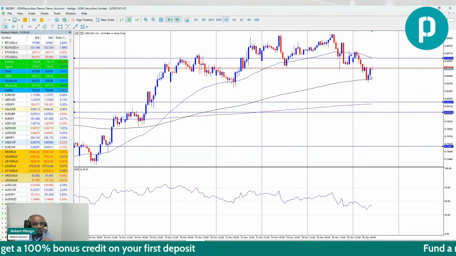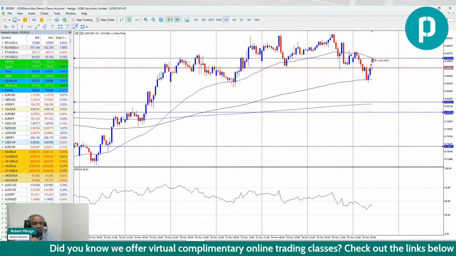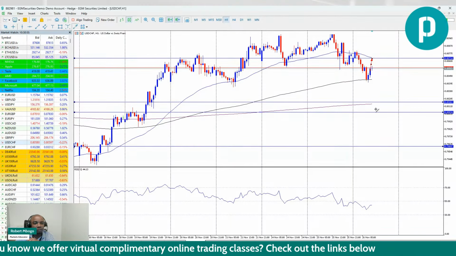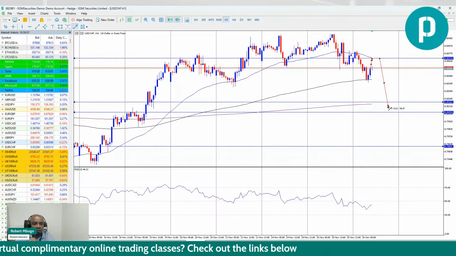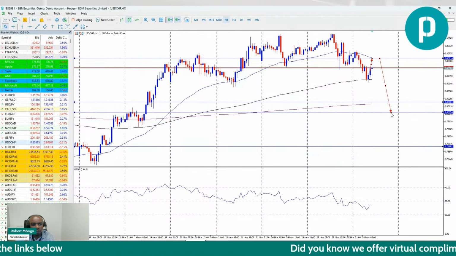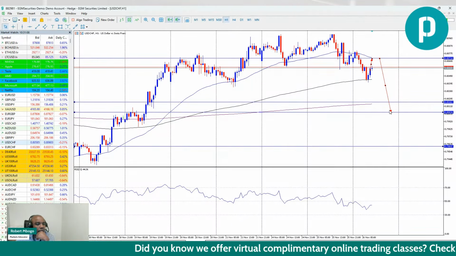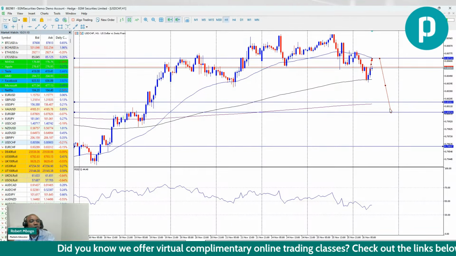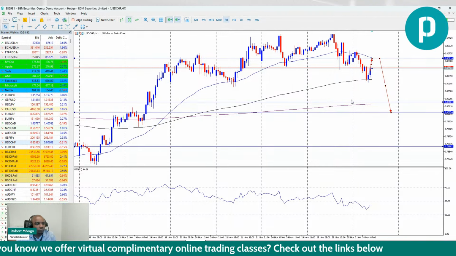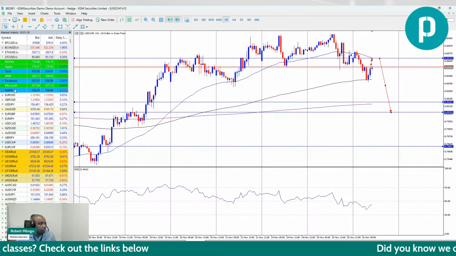So if price was to come back and test this high, then it will give me an opportunity to now look at those possible sell opportunities. So this could be take profit 1, this could be take profit 2, it all depends. Okay. That's USD/CHF. What have we not covered? GBP/USD.